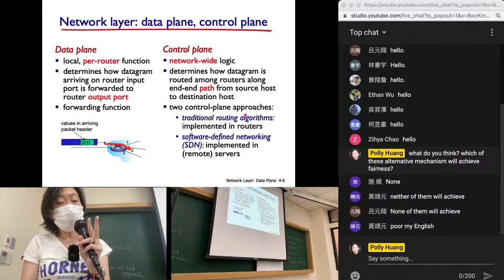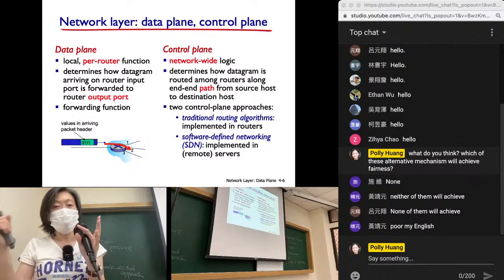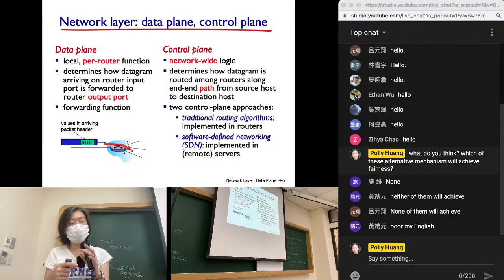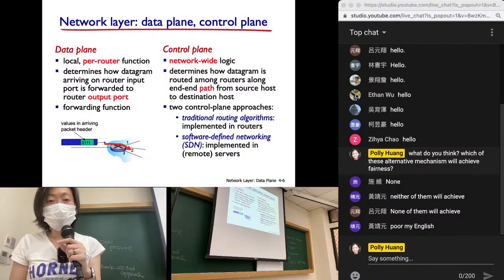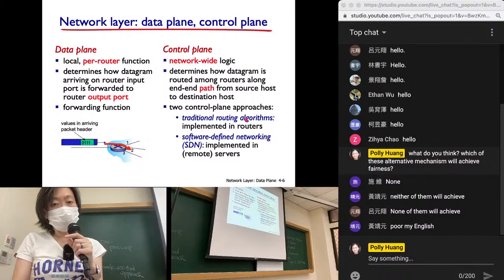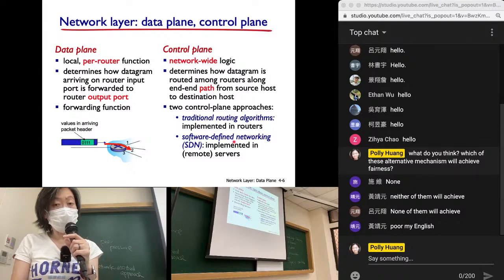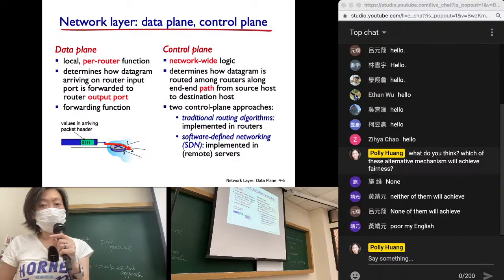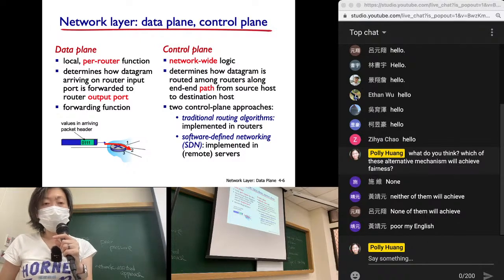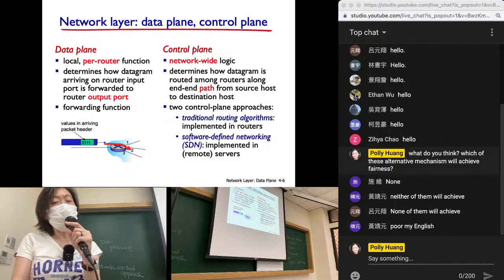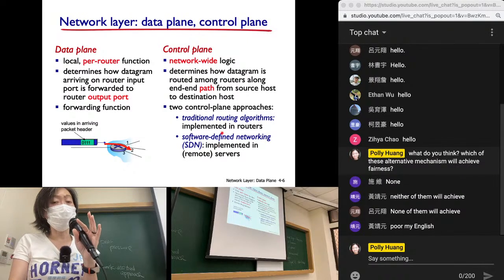So there are actually 2 approaches. The traditional routing algorithms will be implemented on each router, and each router will be doing this network-wide logic, and hopefully that they are consistent. The other approach, the more modern approach, is software-defined networking, SDN. Very different from the traditional approach, where the algorithm is running on each of the routers.